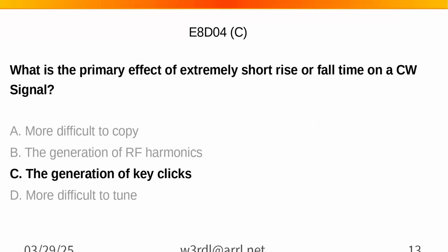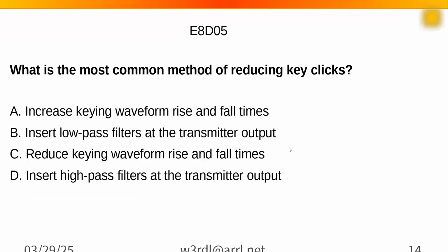But I guess it's one of these cases where the generation of key clicks is a better answer than B. I guess they say the primary effect. You've got to watch how they word these things. What's the most common method of reducing key clicks?